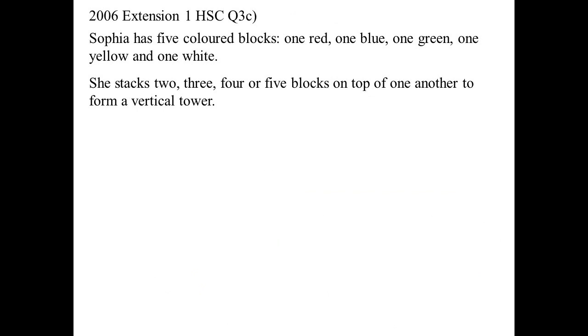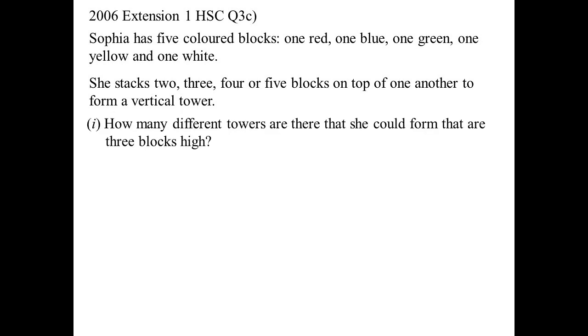2006 HSC. Sophia has got 5 coloured blocks. A red one, a blue one, a green one, a yellow one, and a white one. She's going to make stacks of blocks. And there might be a 2 stack, a 3 stack, a 4 stack to form a tower. A tower is not just one block. So we don't have a 1 block. But as soon as we put another block on the other, we have a tower.